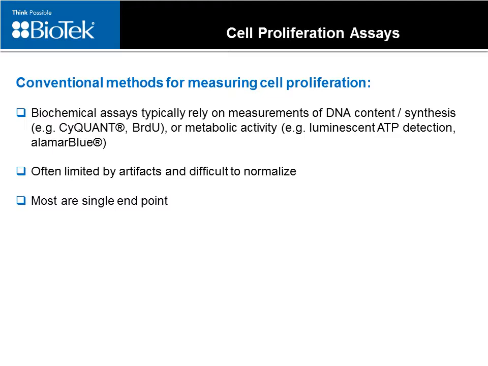So in addition to being quite labor-intensive, these indirect methods are often limited by artifacts, and they're difficult to normalize across conditions. And because these are endpoint assays, they're really not designed to effectively follow changes in cell number over time, which is really the principal goal of a proliferation study.